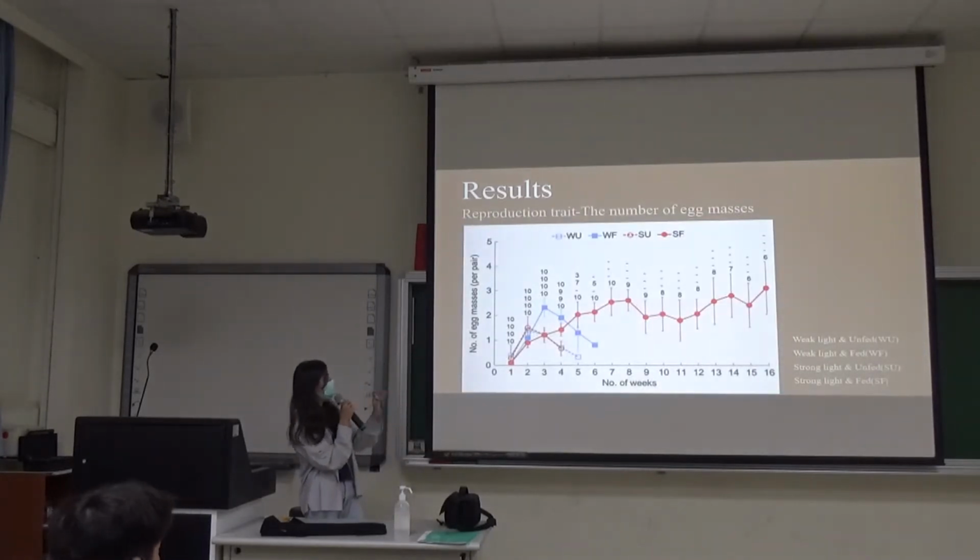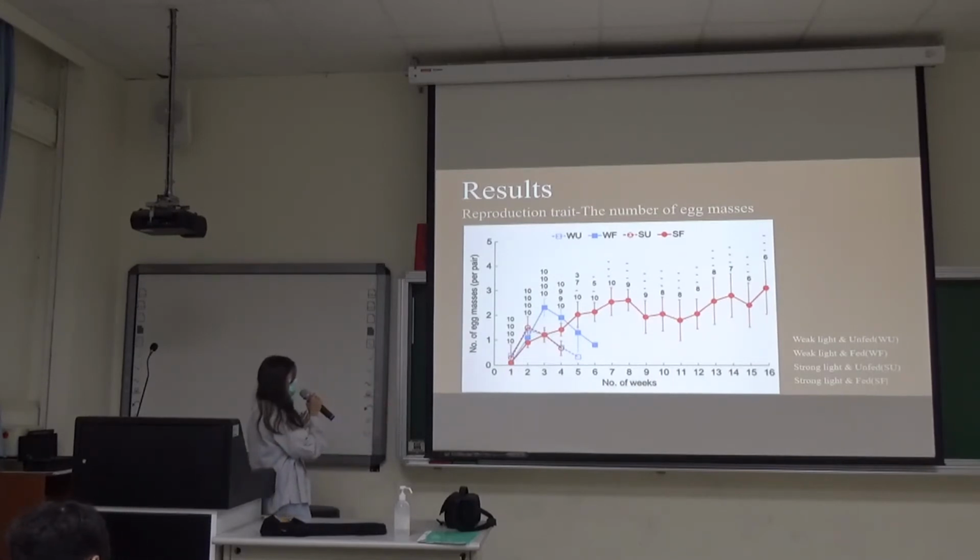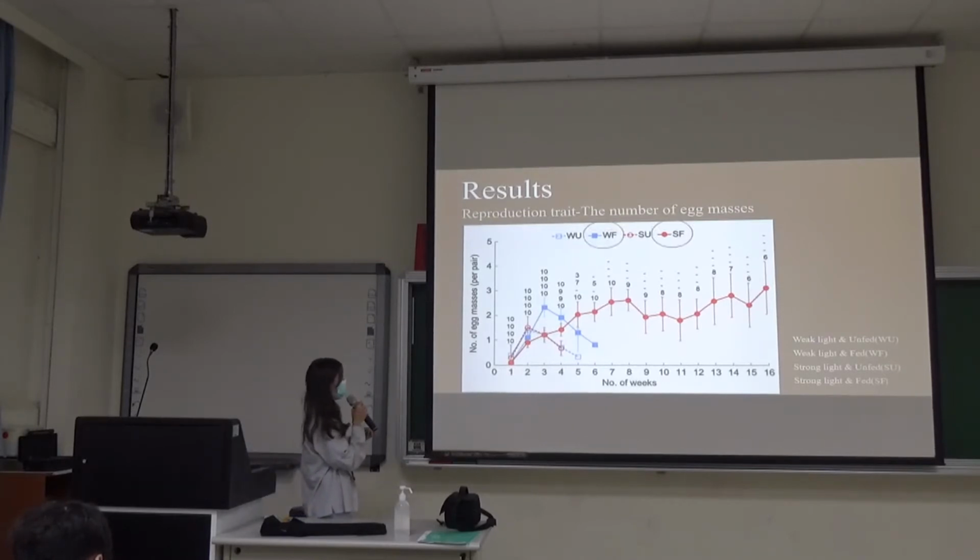The reproductive trait is the number of egg masses. The X label is number of weeks, and the Y label is number of egg masses per pair. Then we look at the same two lines. We can see the red is higher than the blue, so we know the strong light is higher than weak light.